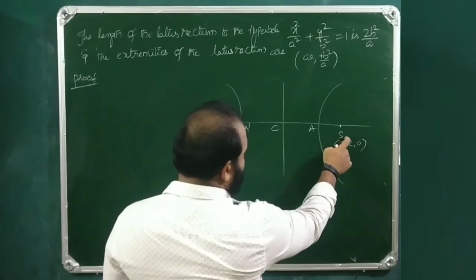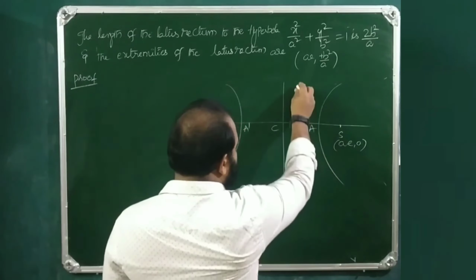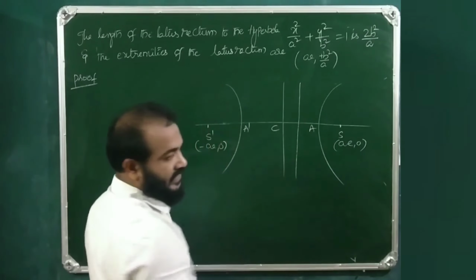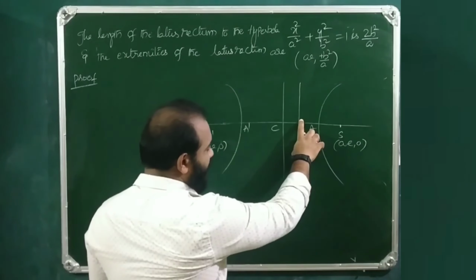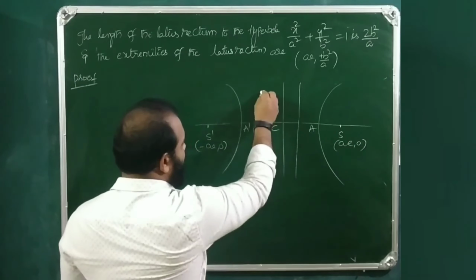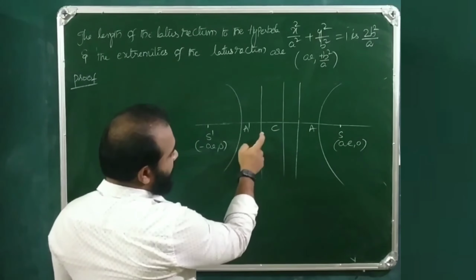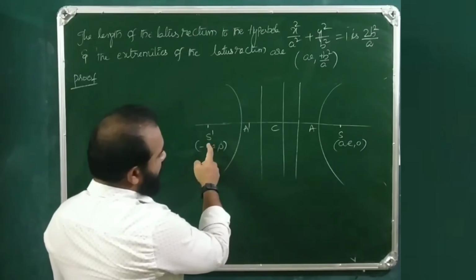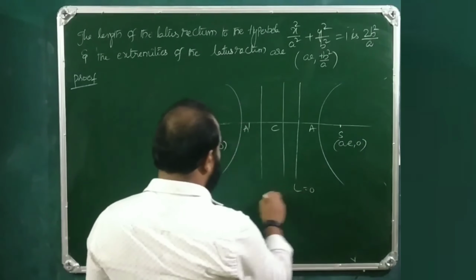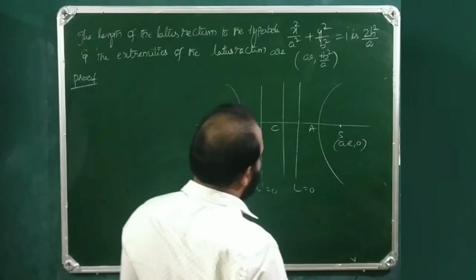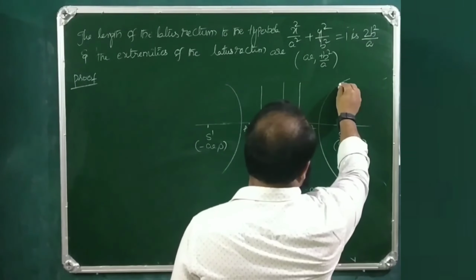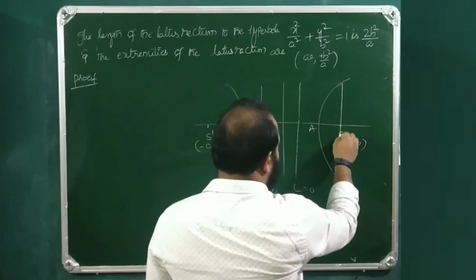Corresponding to this fixed point focus, there is a fixed line called the directrix. This directrix corresponds to this focus, and this directrix corresponds to this focus. So this is L equals 0, this is L dash equals 0, and this is the latus rectum.